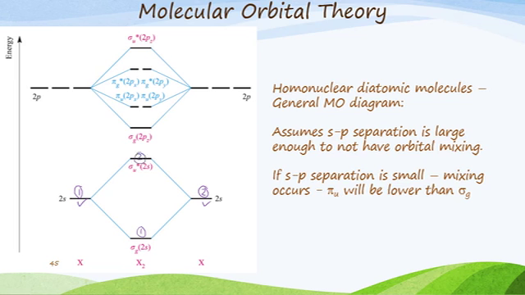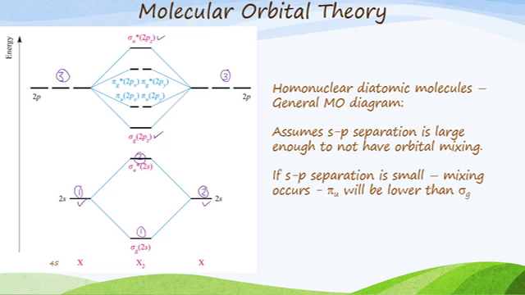Similarly for the p orbitals, we have 3 p orbitals and 3 p orbitals. That means we need to have a total of 6 molecular orbitals. So we get one sigma gerade interaction, which is the pz interaction, because that is the head-to-head overlap. So we get one sigma g down the bottom here, and one sigma star ungerade at the top here.